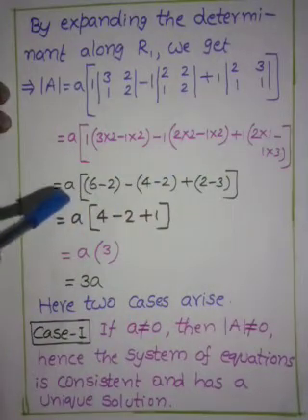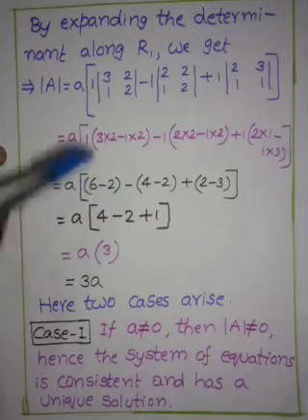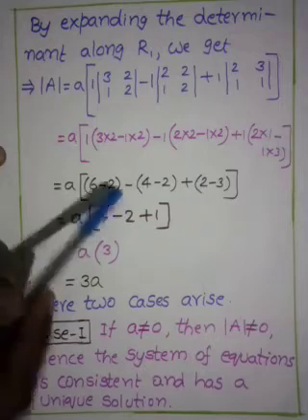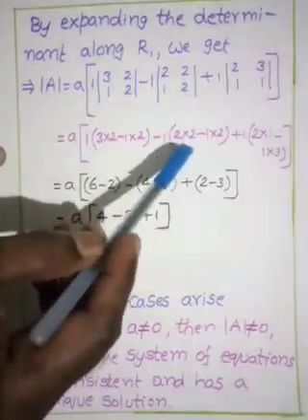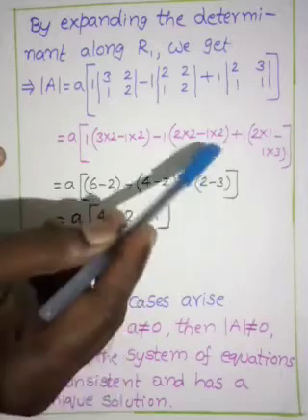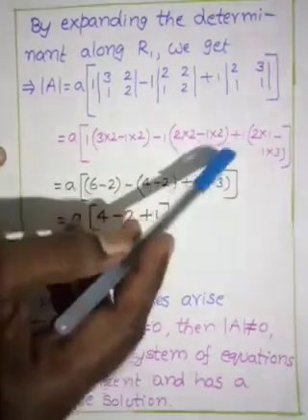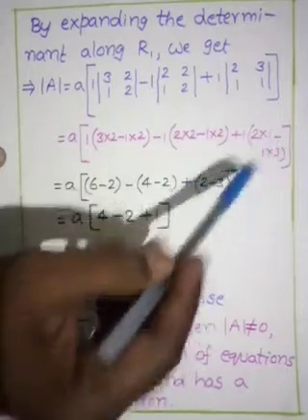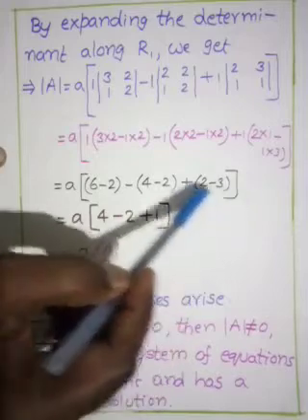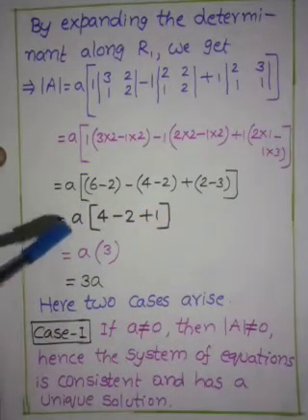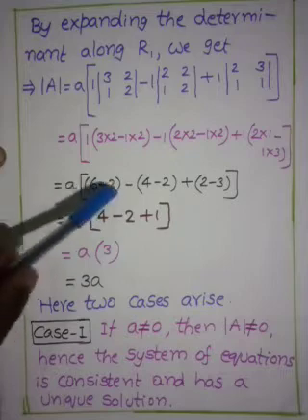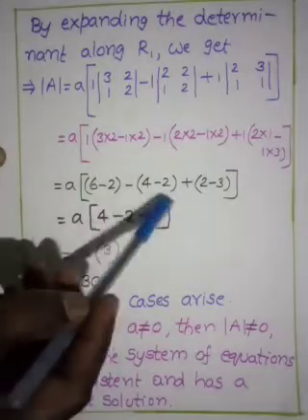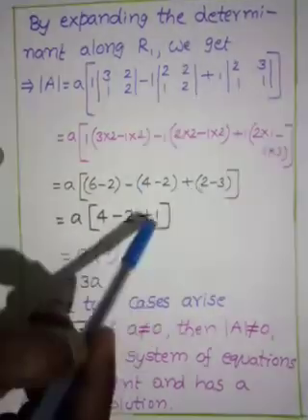Right. That is equal to a into [(6 minus 2), minus (4 minus 2), plus (2 minus 3)]. What do we get? 6 minus 2 is 4. 2 into 2 is 4, minus 1 into 2 gives 2. 2 into 1 is 2, minus 1 into 3 gives minus 1.